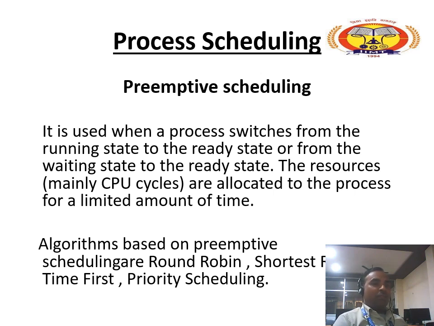The CPU is switching from one process to another, and this switching is done to complete the execution of these processes. Listen carefully: when the CPU is switching from one process to another process, this is known as context switching.